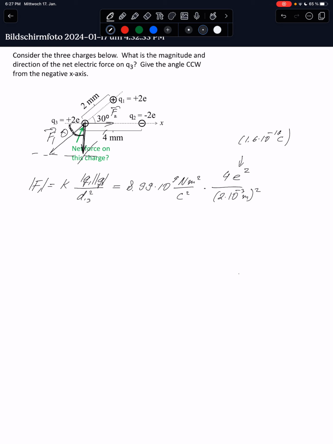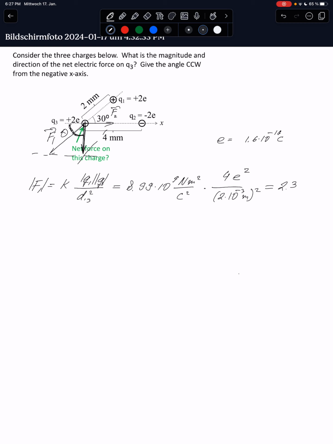Now we will use our calculators to compute all of this. By the way, 1.6 is the electric charge e, so when you substitute this into the equation, you have to square it.